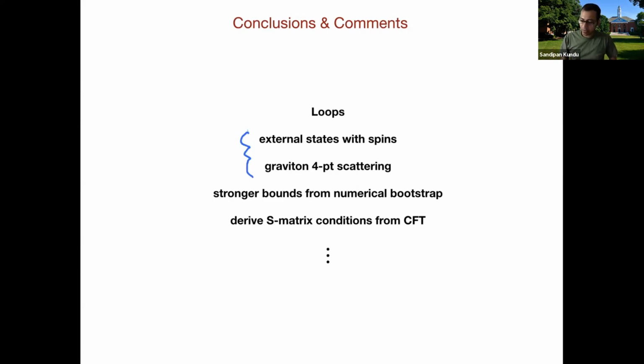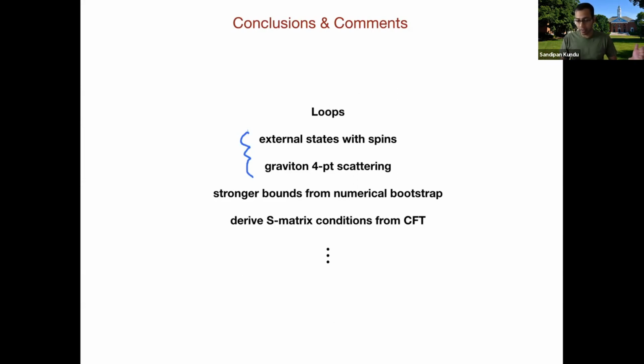It's also possible that stronger bounds can be derived from numerical bootstrap, because a lot is known in numerical bootstrap, and probably those tools can also be useful here. But a more general goal would be to derive some true general statements about ADS metrics directly from CFT axioms.